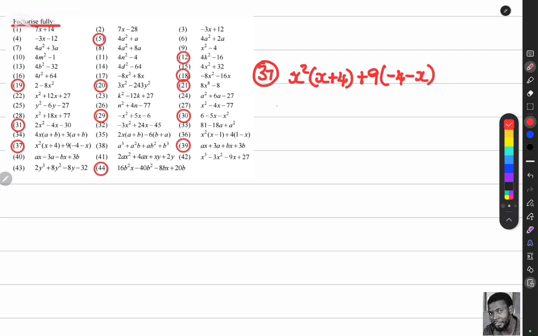What we need to do, we need to rewrite this first. That will be x squared into x plus 4 plus 9 into minus x minus 4.